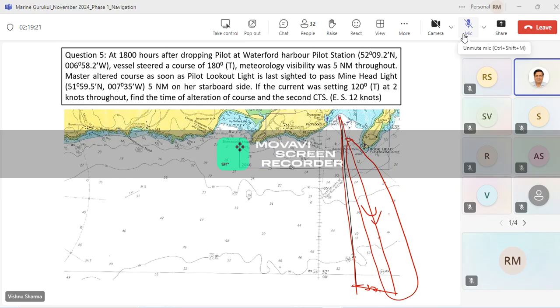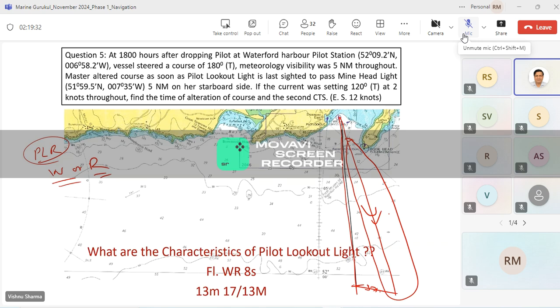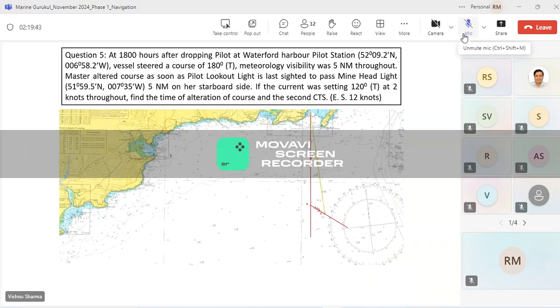So to find PLR, I will use the nominal range of white or red. Red. And what is the nominal range of red? Nominal range of red is 13 miles. And what is the visibility given in the question? 5 nautical miles. Okay, so now see here.